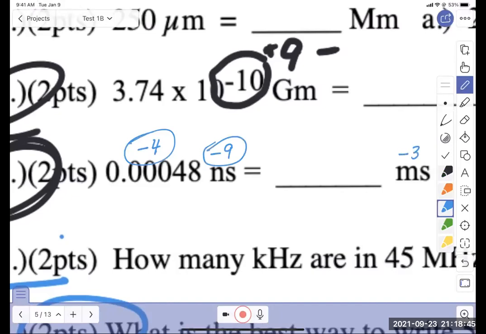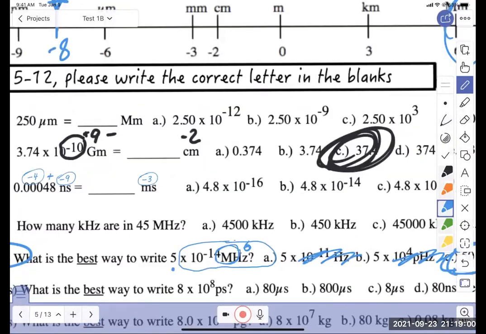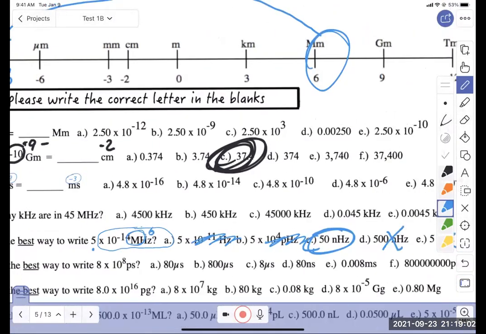Milliseconds is -3. Now we go back and do my arithmetic. -4 plus -9 is -13. -13 plus 3 is -10. Boom, C.